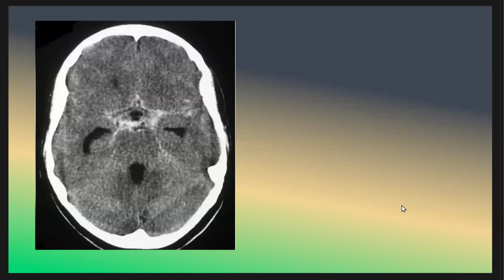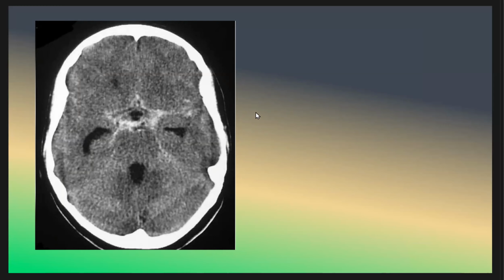Here, this is our next case, and we take a look at this case and try to recognize what is the diagnosis. As we see here, we have subarachnoid hemorrhage involving the suprasellar cistern and also around the bones.